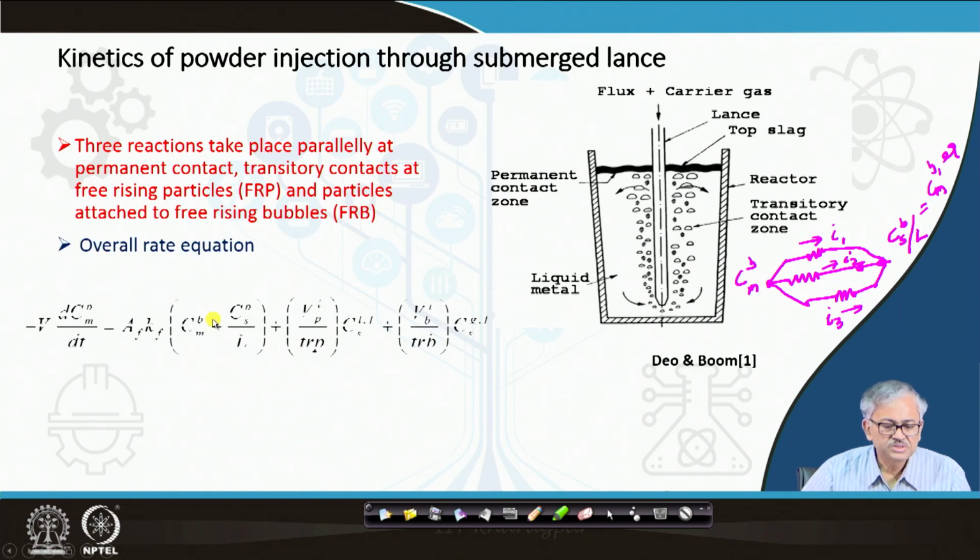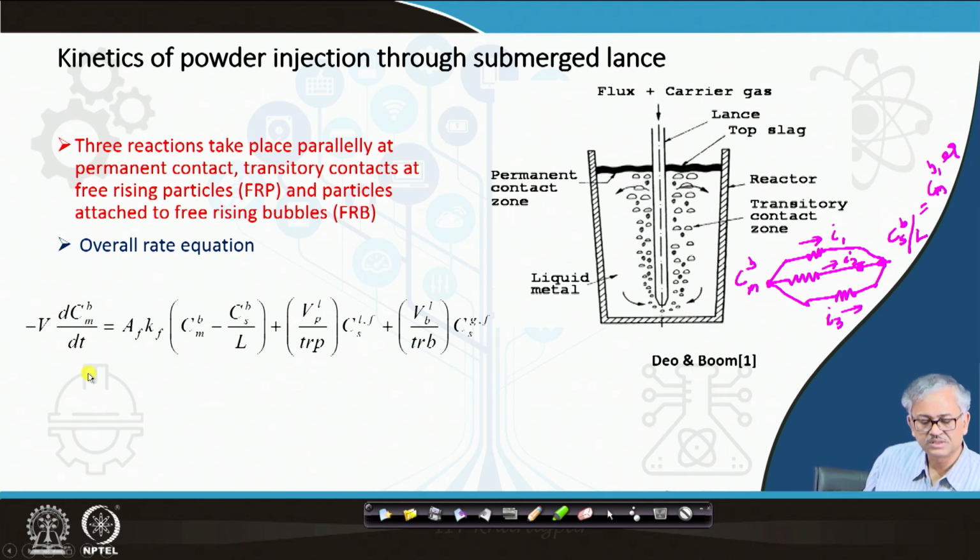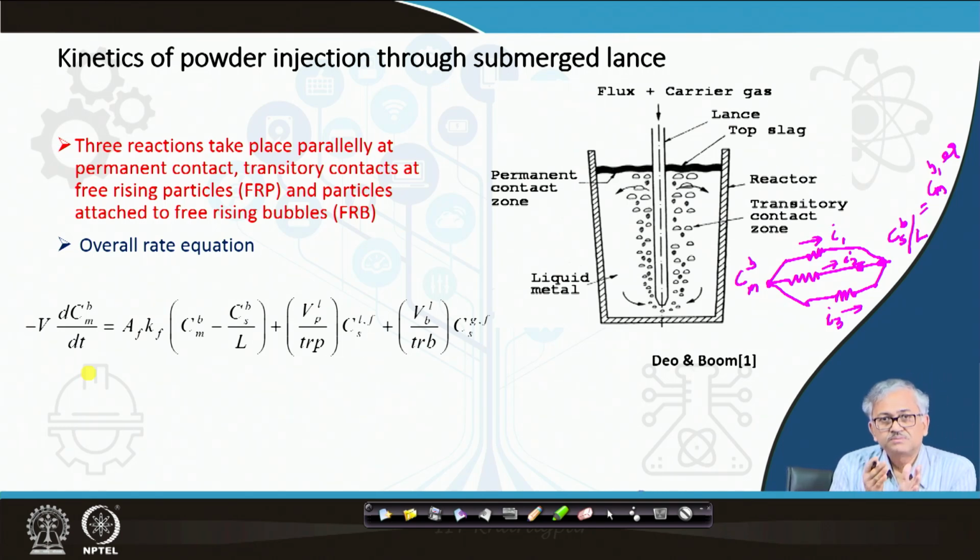the overall rate equation you can write. This is basically the change in concentration, the total change in concentration in the metal bulk, that means how much impurity has been transferred from the metal bulk to the slag phase or the powder particle. Okay.